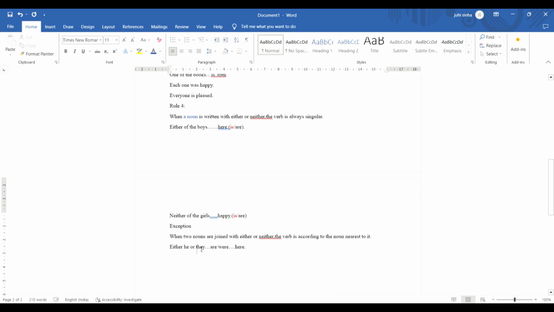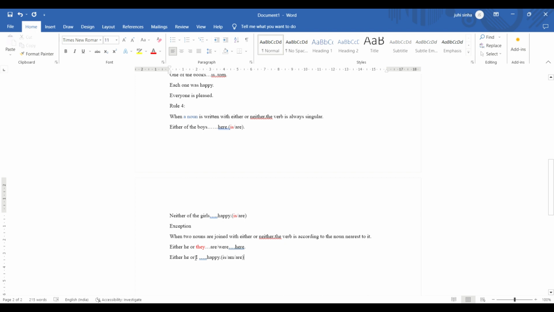So the answer over here will be either are or were according to the blank. Why did I fill are or were? Because it is just near the word they. Now, they is plural, so the verb will be plural. Suppose the sentence were either he or I dash happy, and the options are is, am and are.